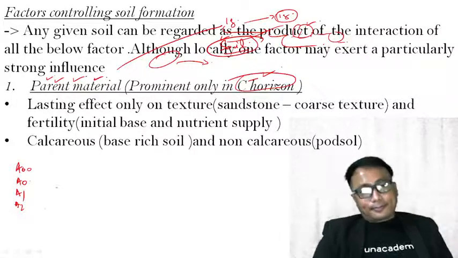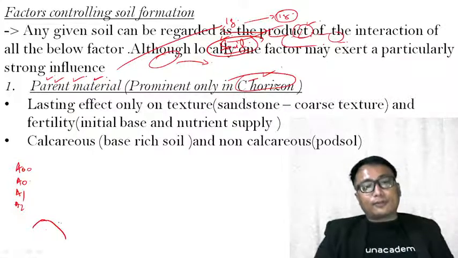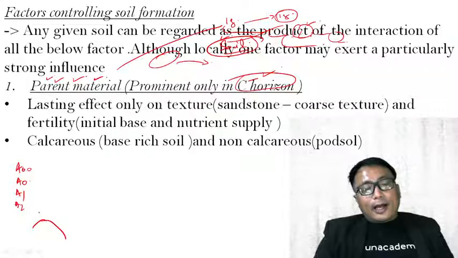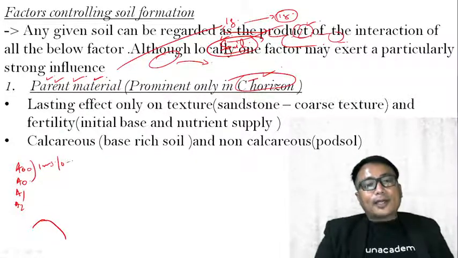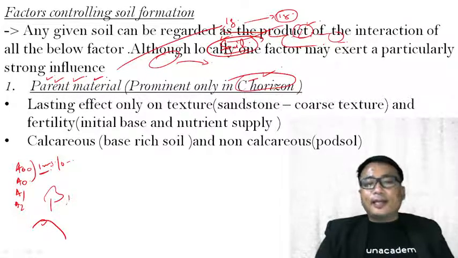The parent rock is responsible for the formation of the soil, but soil consists of inorganic as well as organic content. The inorganic is given by the parent rock. The organic is given by the vegetation above this, or by different plants and animals.